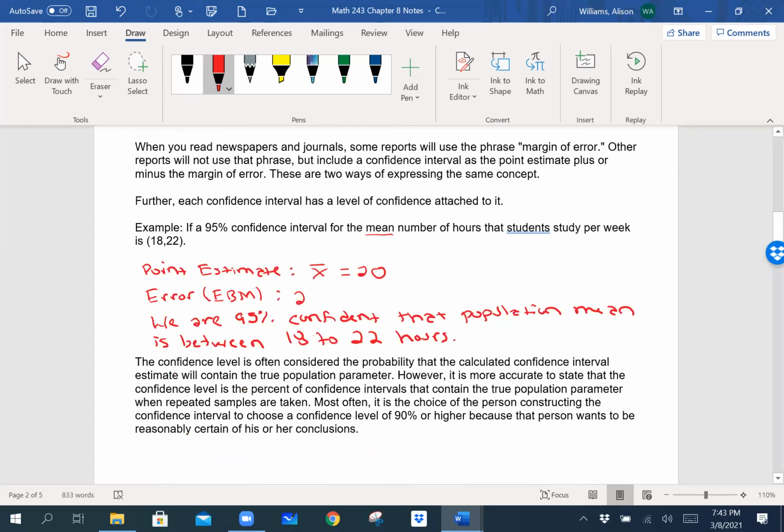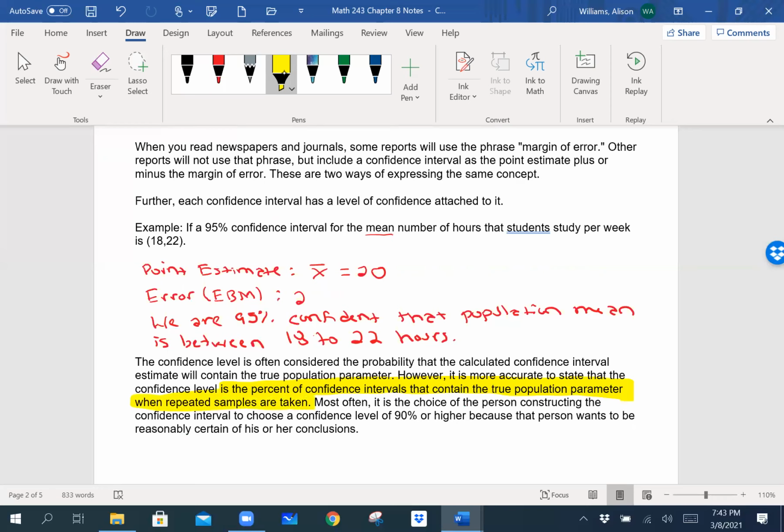So they do mention that it's more accurate to state that the confidence level is the percent of confidence intervals that contain the true population parameter when repeated samples are taken.